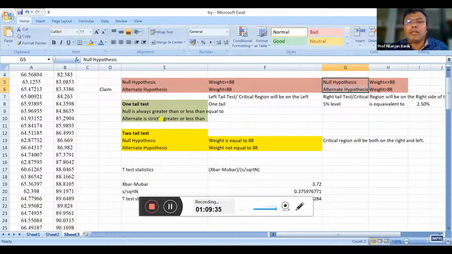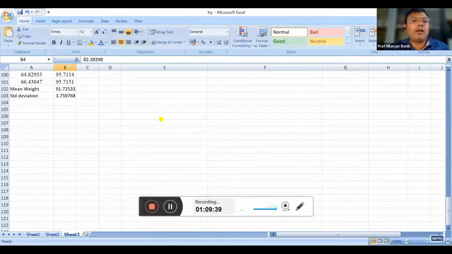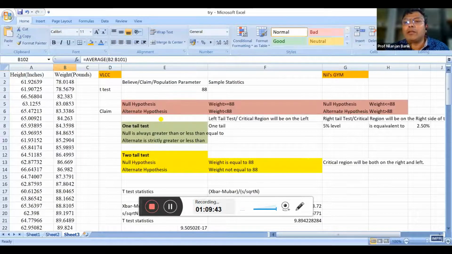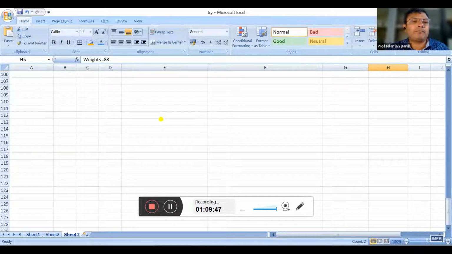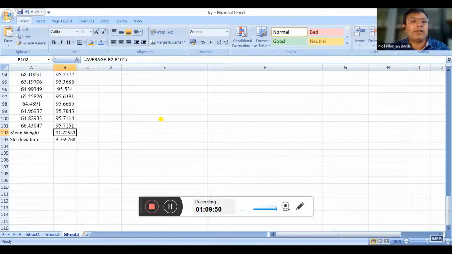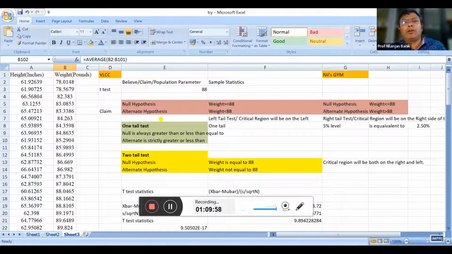So basically, this is the sample. In order to prove my claim to be correct, ideally this thing should be much less than what we are getting.